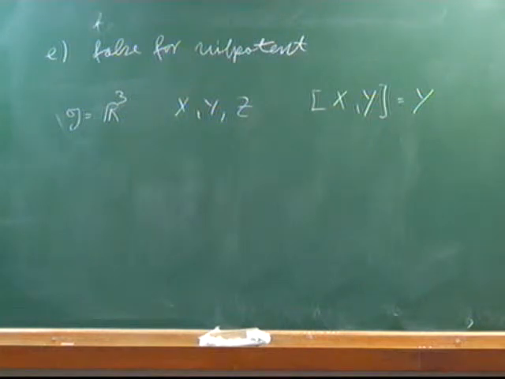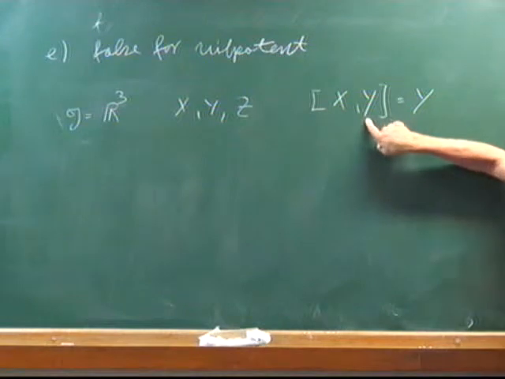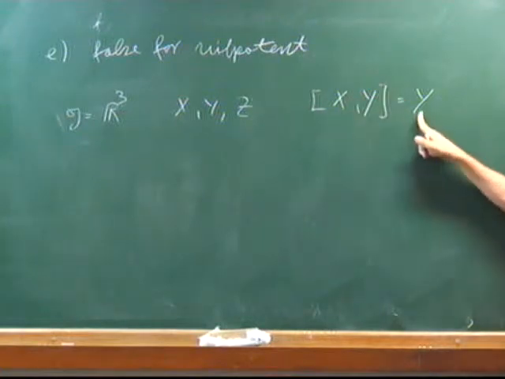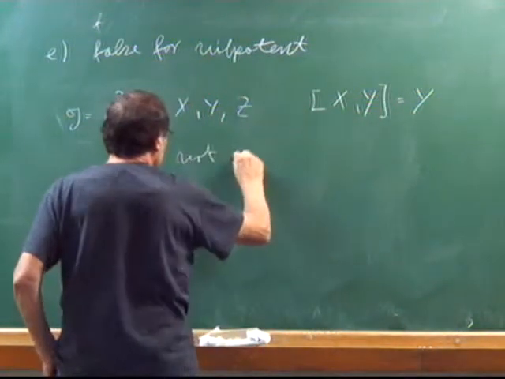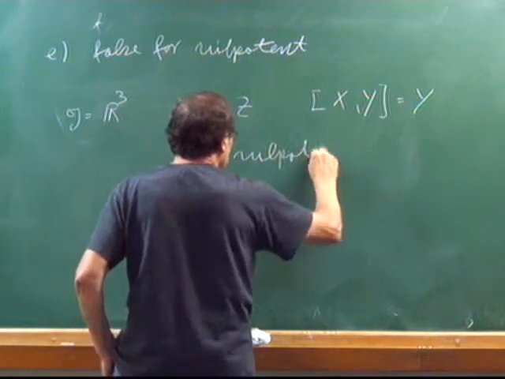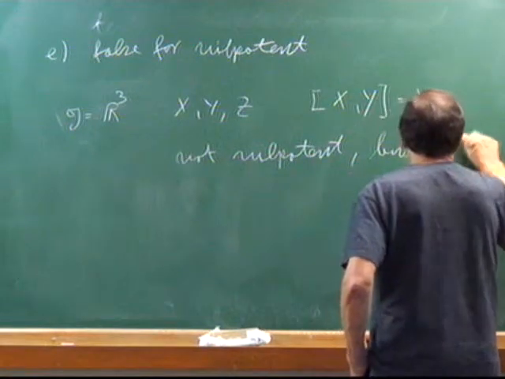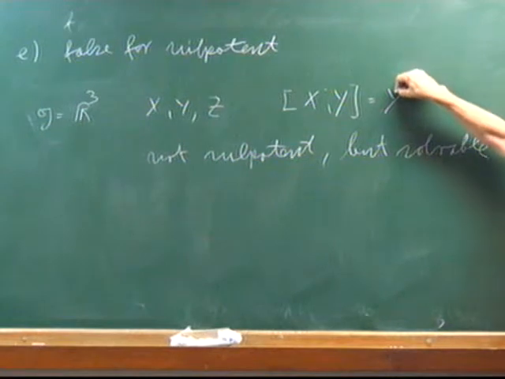That's a Lie algebra. Notice that if I keep taking brackets with everything, I keep getting y. The bracket of this with y, with x again, gives me another y. So this is not nilpotent. But it's solvable. Right? The first commutator is y, and the next commutator is 0.